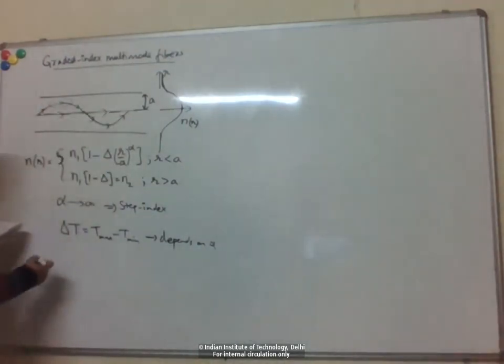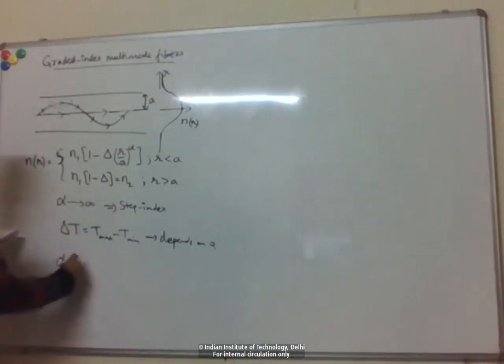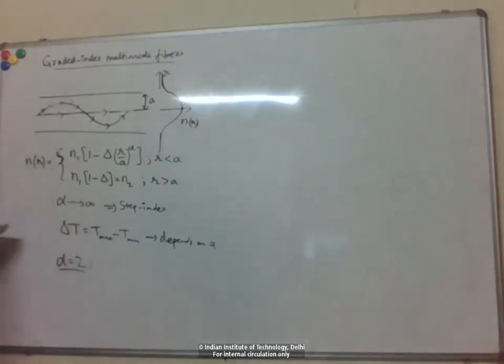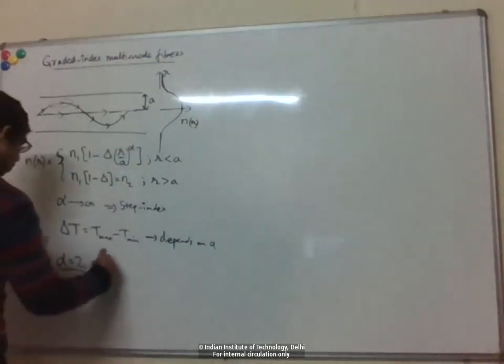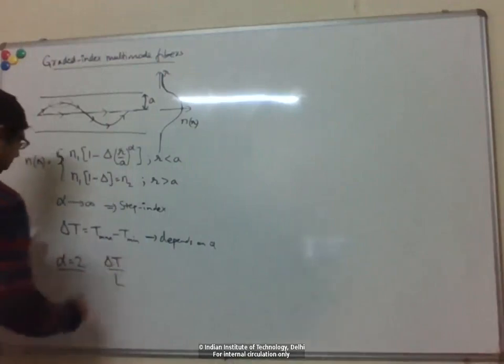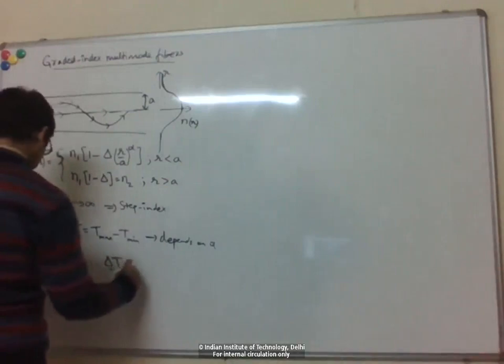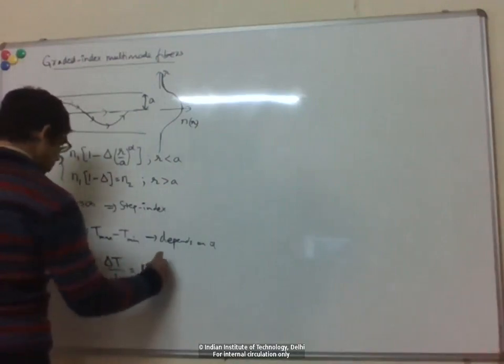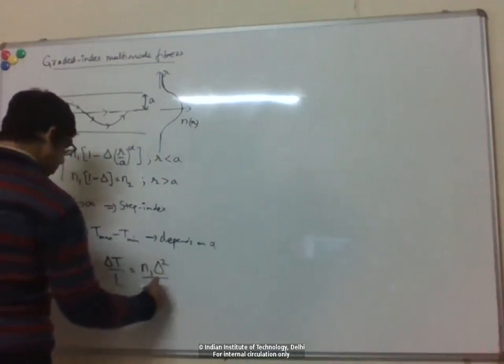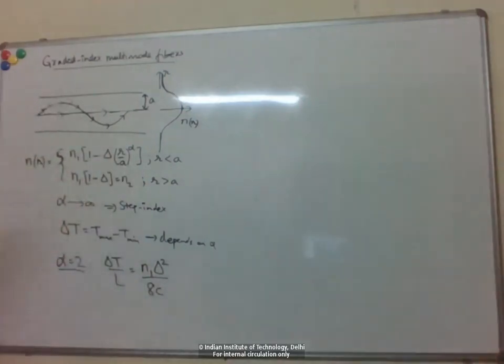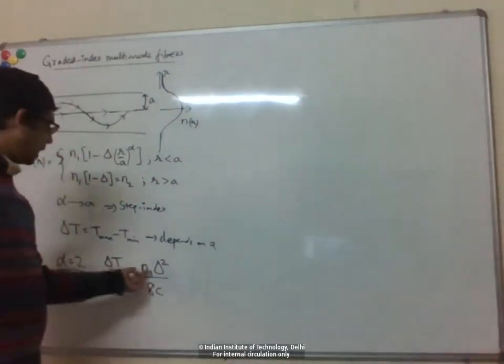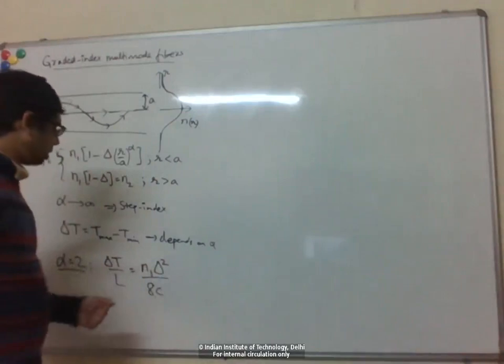But for certain alphas, you can obtain analytic solutions. Okay. So, for example, one interesting case that is useful is alpha equal to 2, a square law, right? There you get this dispersion, which is the broadening per unit length, like this. Recall in the step index fiber, we got something like n1 delta by c.